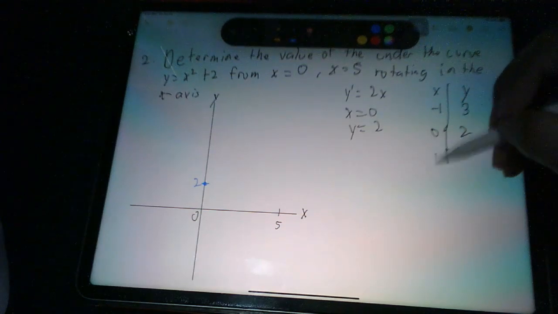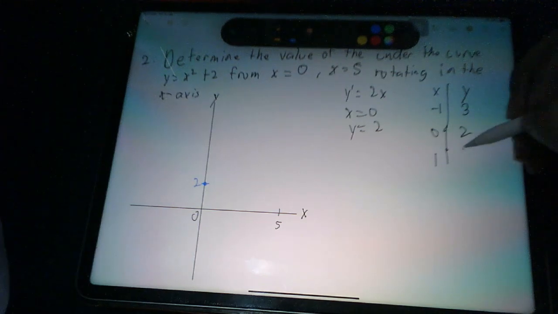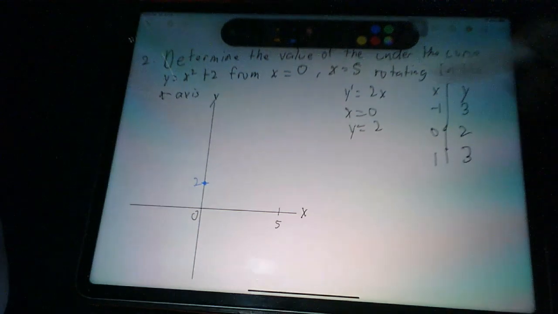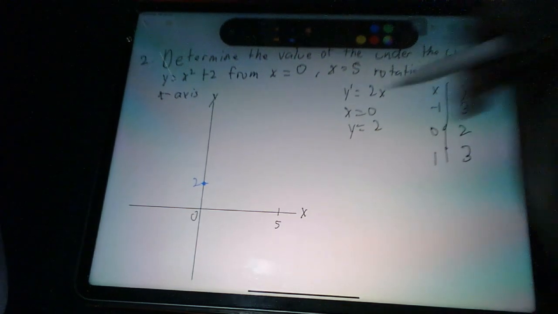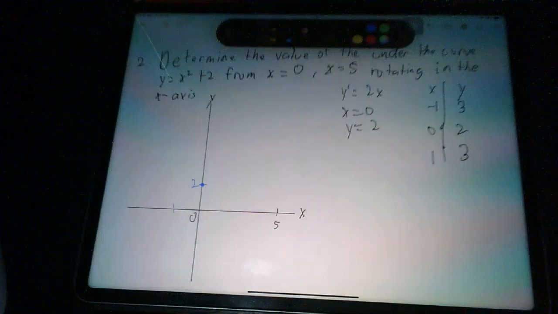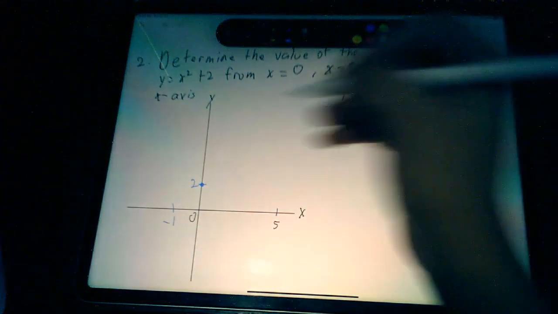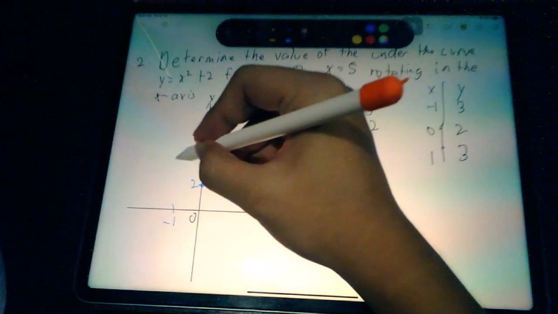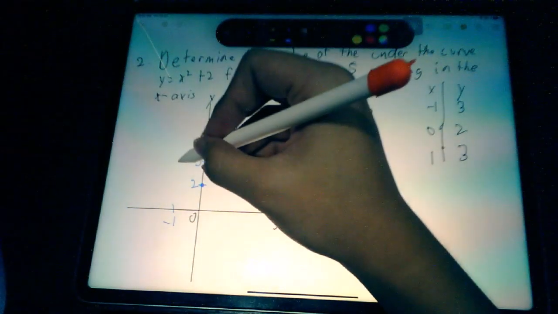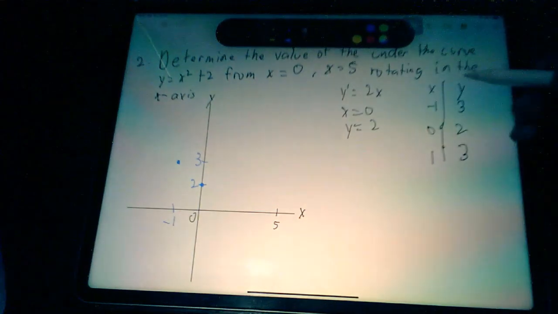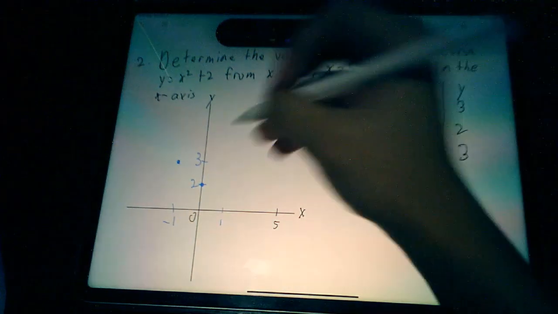Same with 1 here: 1 squared is 1 plus 2 equals 3. So these are our points of the parabola. If x is -1, y here is equal to 3, and this is the point, and x here is 1, and the y is 3.